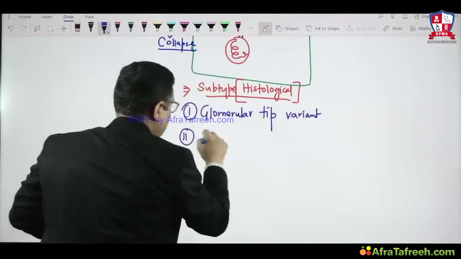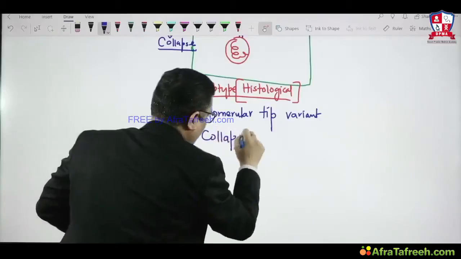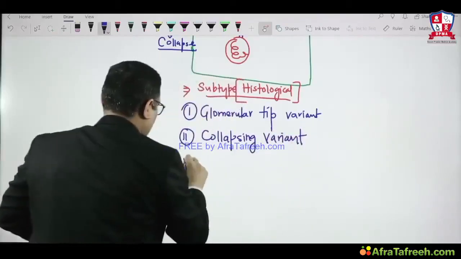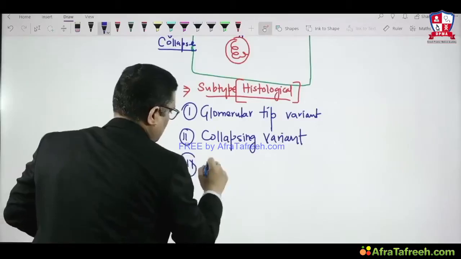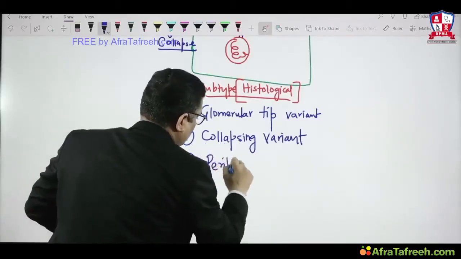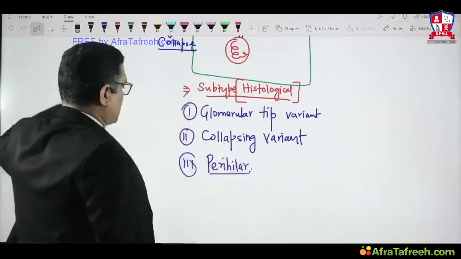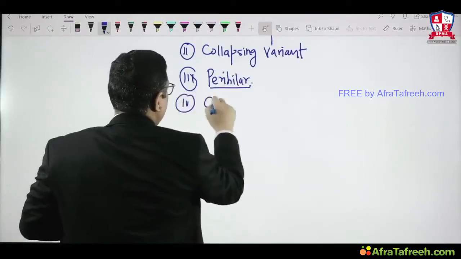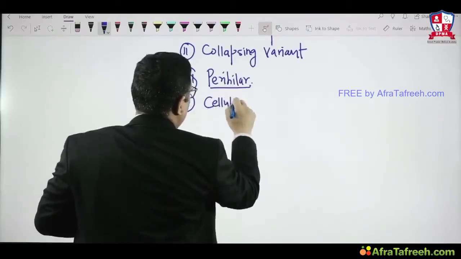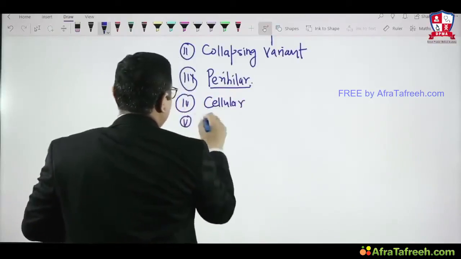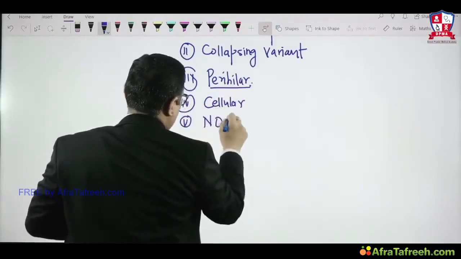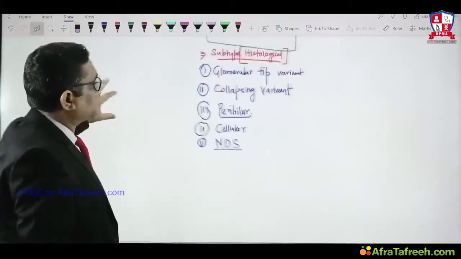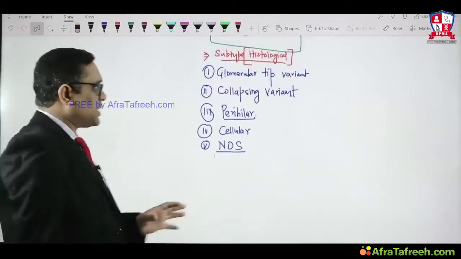Second is the collapsing variant. Number 3 is the perihilar variant. Fourth is the cellular variant. And fifth is not otherwise specified. So these are the 5 histological subtypes of FSGS.